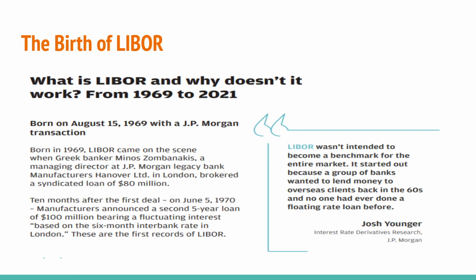He says that LIBOR started out because a group of banks wanted to lend money to overseas clients back in the 60s, and no one had ever done a floating rate loan before. So what he means is that this LIBOR framework of interest rates was started because a group of banks wanted to lend money to overseas clients.